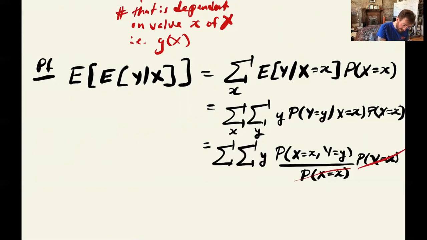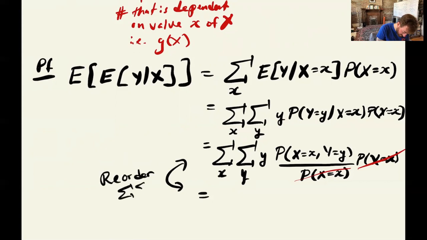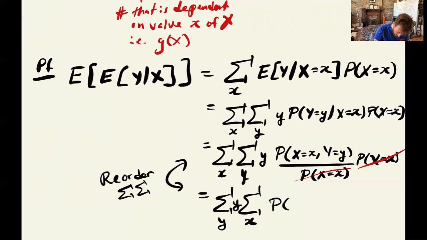And so if I repurpose some of this summation, if I reorder the sum, the sigmas, this ends up looking like the sum over y, sum over x of, let's say, if I fix y out here, then this just looks like the probability that x equals x fixed for y.